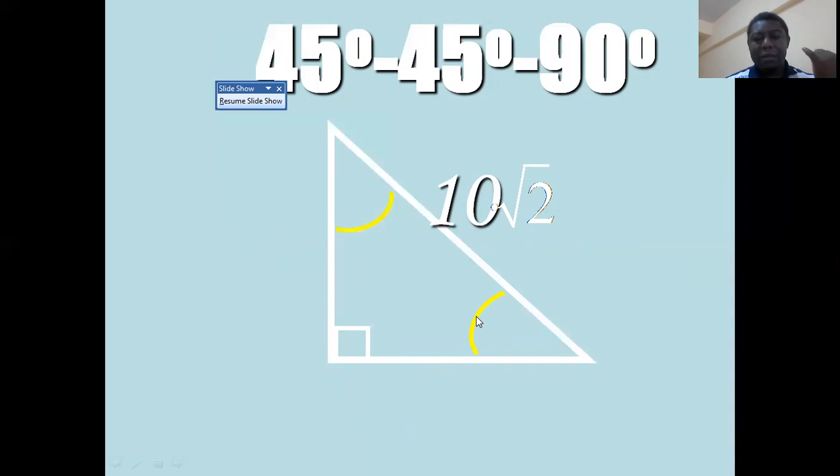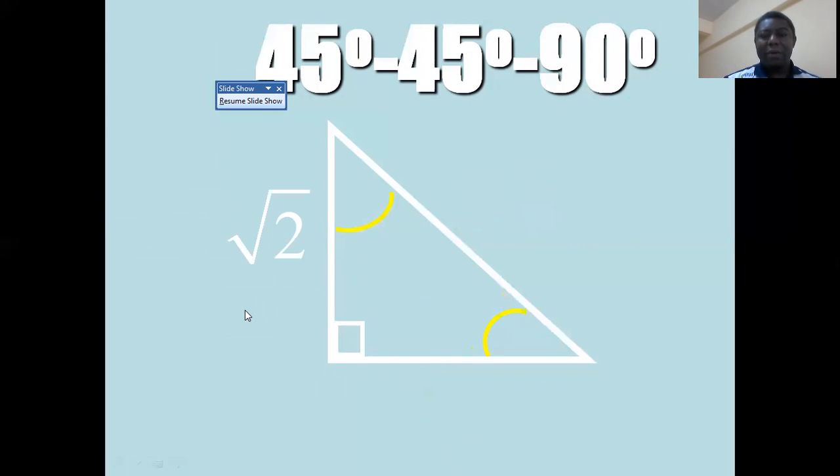All right, so if you're back in the video, you must have found that the leg is 10 here and 10 here, right? Here we have one of the legs, but we don't have the hypotenuse.